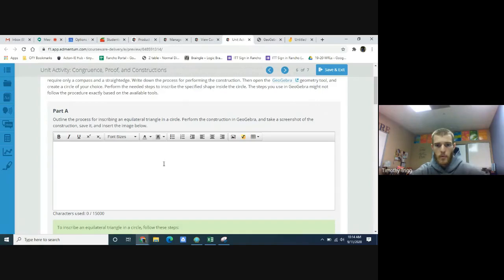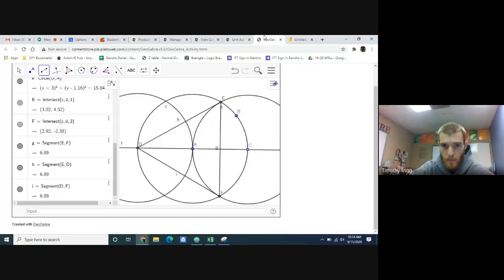So take a screenshot of that, put it here, and give me a brief explanation of what we did. So you could talk about how we created a circle, created a diameter for that circle, how we made two more circles on the edges of that diameter.